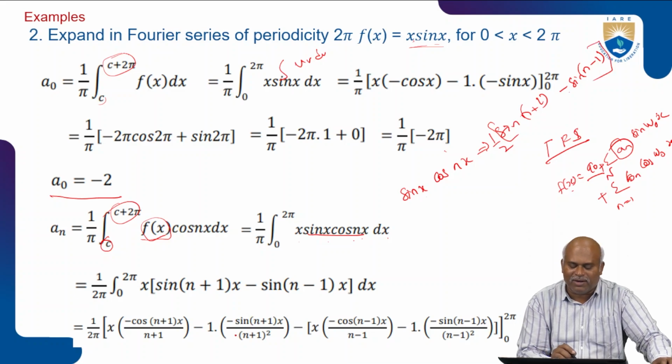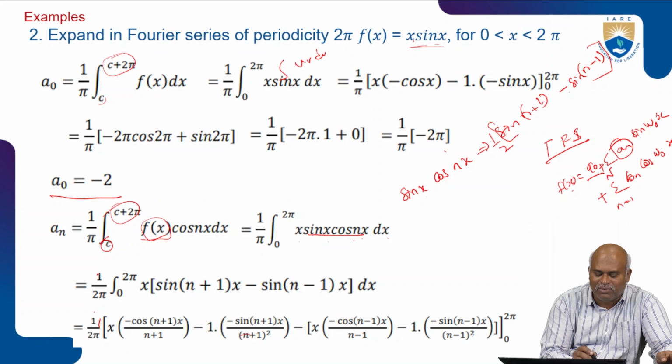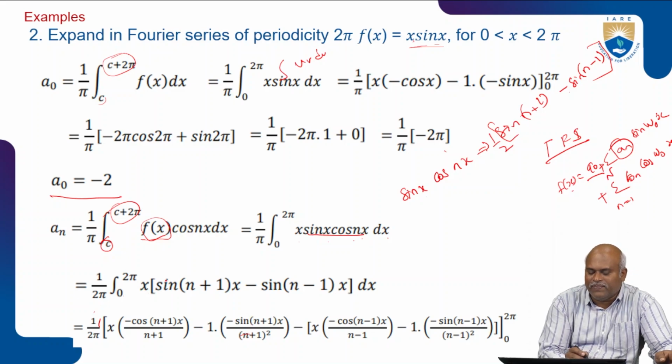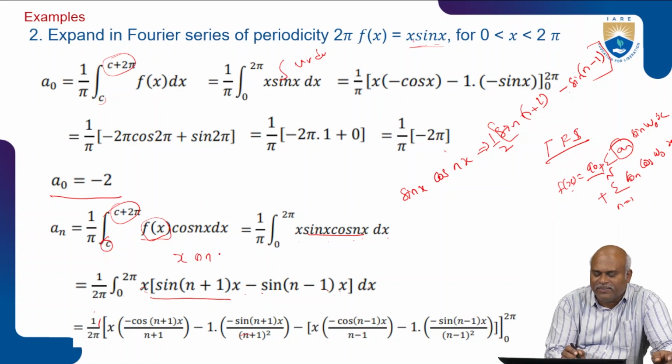This formula we can utilize here. So taking the 2 out, we get 1 by 2 pi integration of 0 to 2 pi of x sin (n plus 1)x minus sin (n minus 1)x dx. Now in this term, x is there, so x sin (n plus 1)x we got.